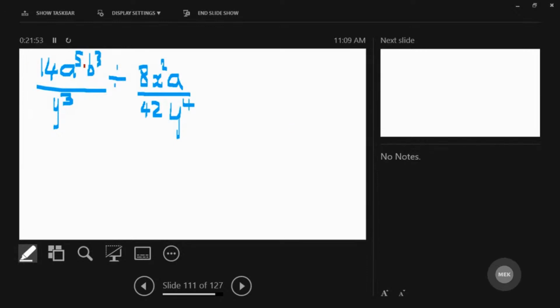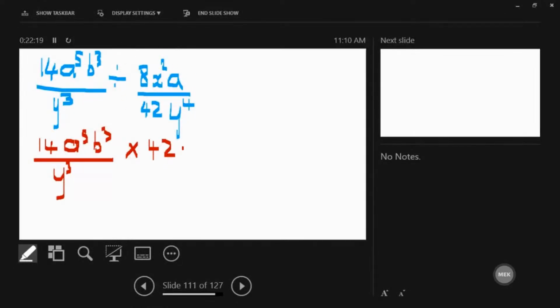So we write back the first fraction, 14a to the 5th b cubed over y cubed, change the division to multiplication, invert this fraction. So we're going to have 42y to the 4th over 8x squared a. And now we're going to see if we can cancel.